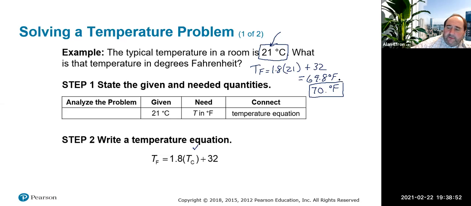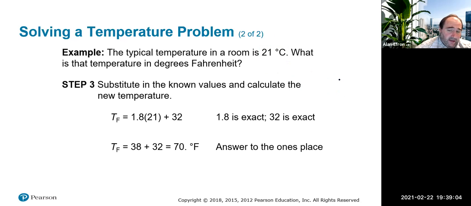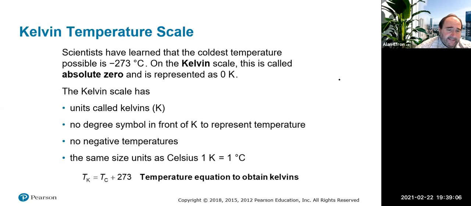So again, those two conversions are something that, like I said, probably outside this chapter, you might not use all that much. The one that you really will use the most is the next conversion we're going to talk about, which is the Kelvin scale. When we're converting to Kelvin, we do this a lot in chemistry.